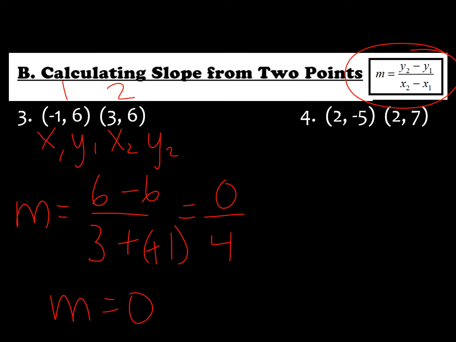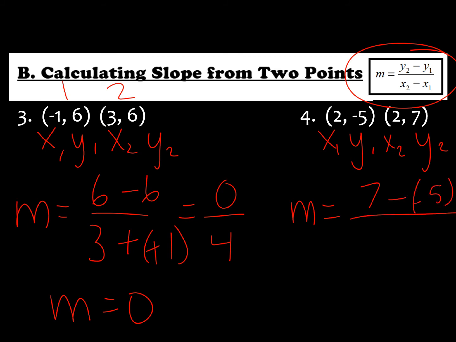It has 0 slope. Okay, over here on number 4 then, again, I'm going to label my points. So x1, y1, x2, y2. So filling in that formula, y2 is 7, minus y1 is negative 5. All over x2 is 2, minus x1 is 2. So if I simplify that, minus a negative is adding.